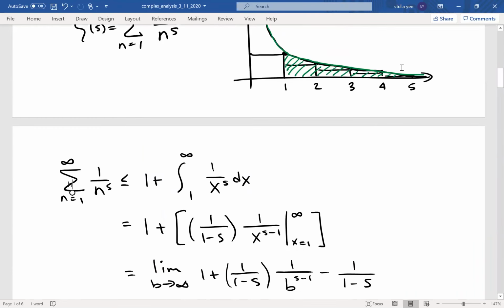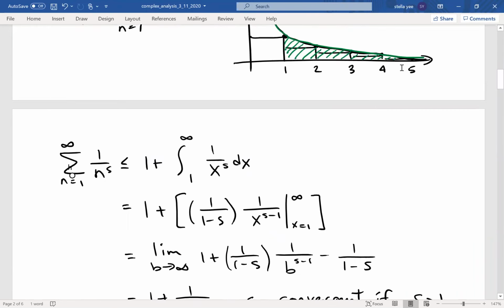So I'm going to use that comparison. So this zeta function is less than or equal to the first term. So 1 over 1 to the s is always equal to 1. And then for the rest, I could compare that against the integral of 1 over x to the s, where x goes from 1 to infinity.